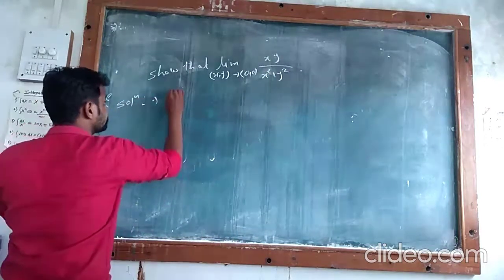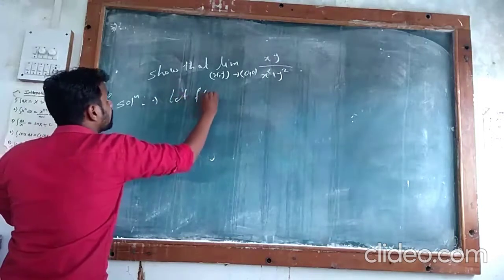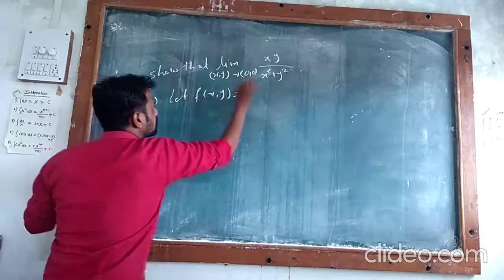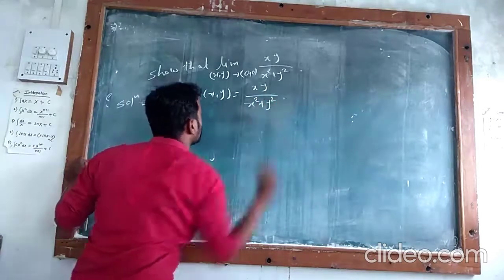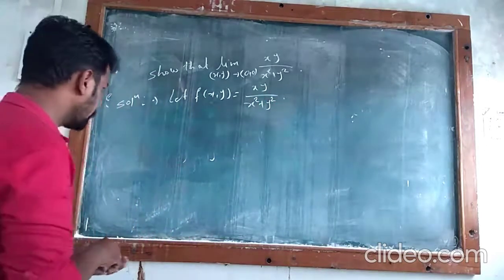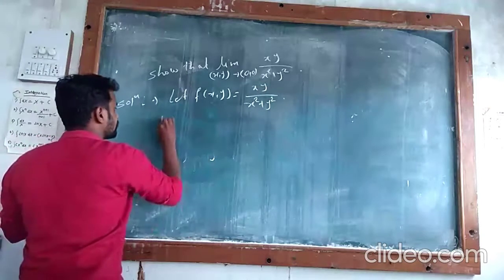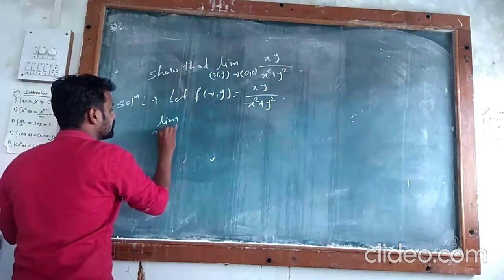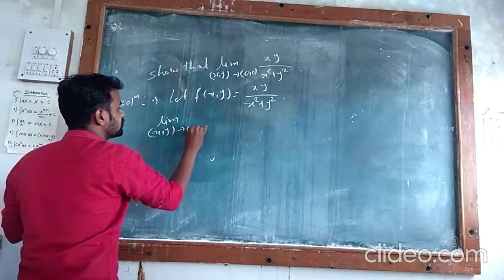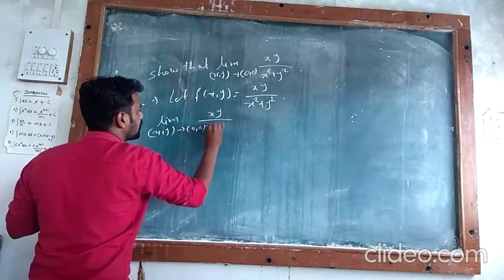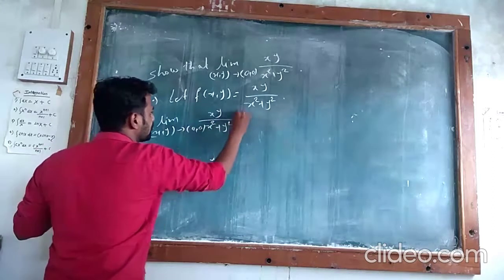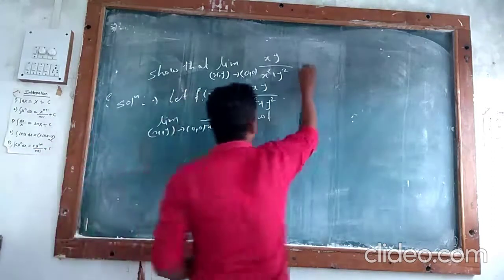Solution: let f of (x, y) is equal to xy upon x square plus y square.